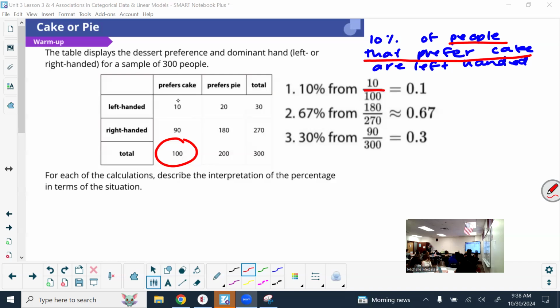And the 10, that is my numerator. Those are the ones that are left-handed out of those people. Because if we were doing it out of 300, the percentage would be way different, right? So you have to be very clear. So anything that follows the word "of," given that, among those who blah, blah, blah, that should always be your denominator. Questions on that?